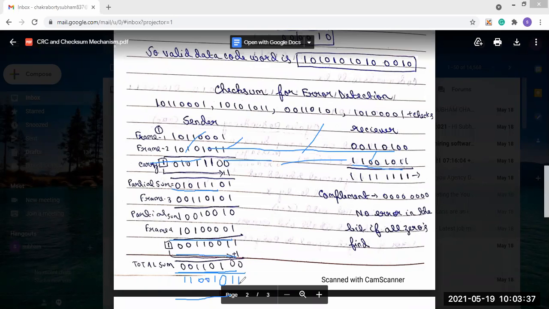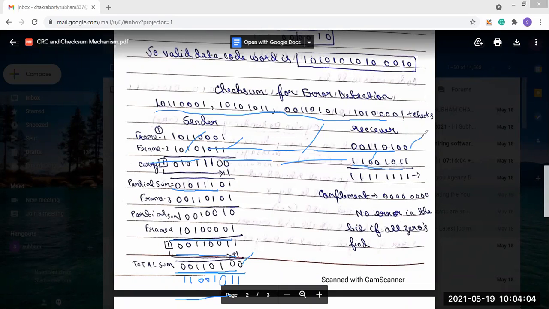This message will be transmitted, and on the receiver side, the total addition will be performed again. After adding everything, we get 0 0 1 1 0 1 0 0.